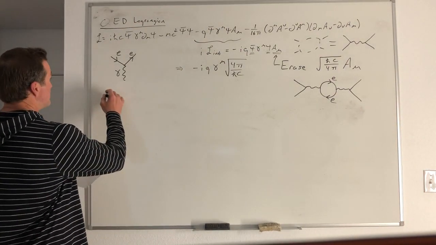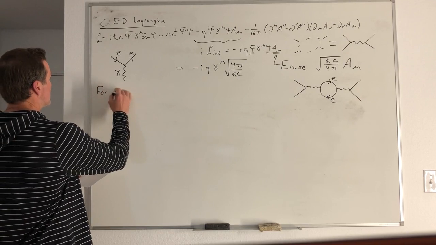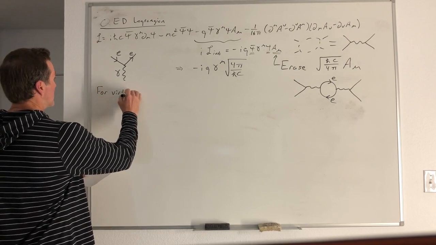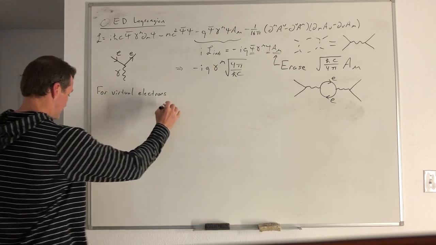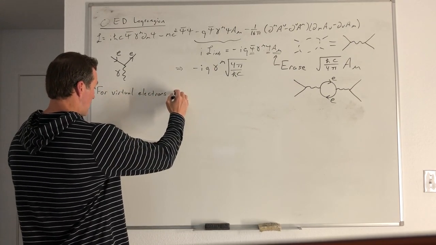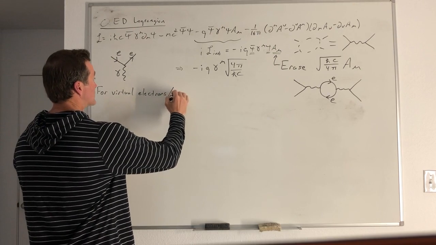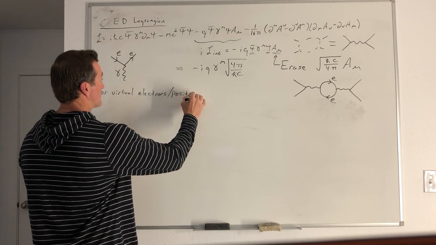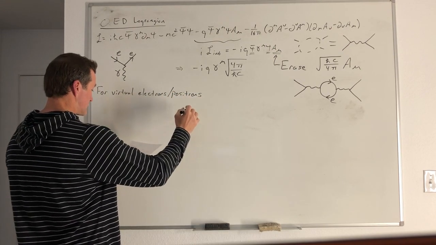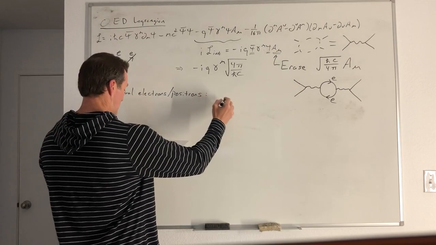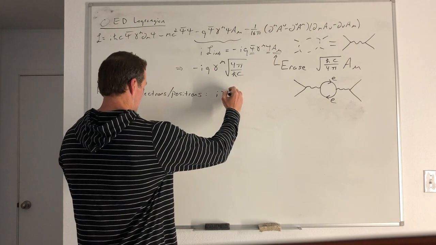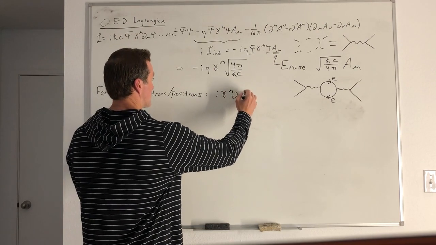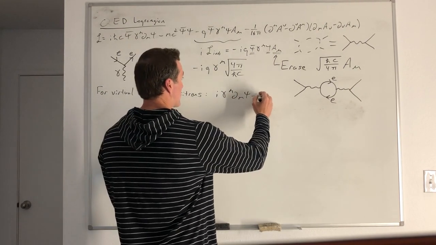All right. So for virtual electrons, or positrons actually, it doesn't matter, we start by writing down the equation of motion. So in this case, it's the Dirac equation.